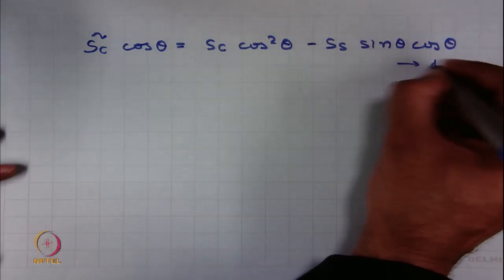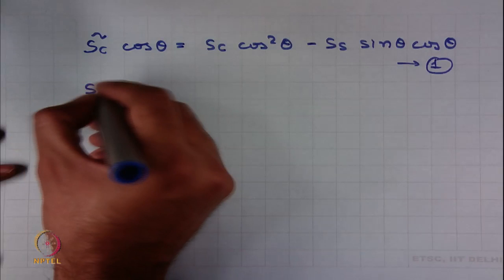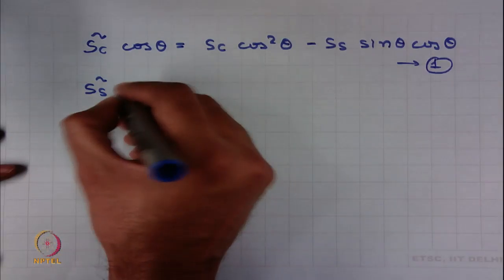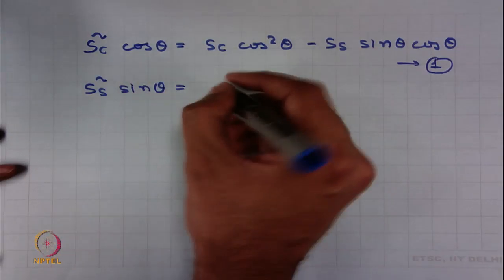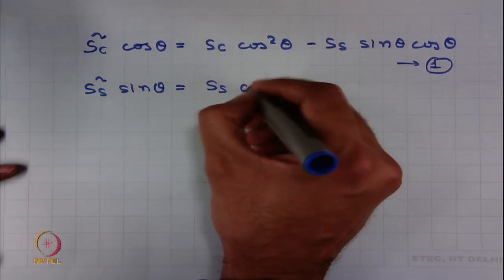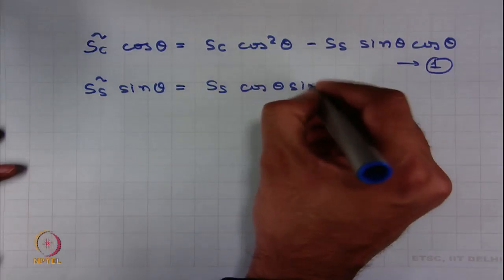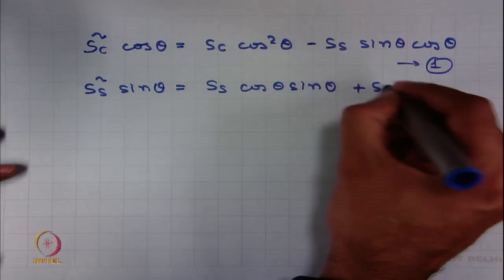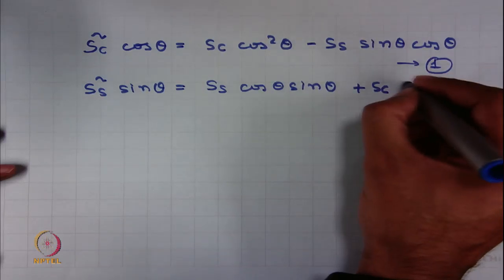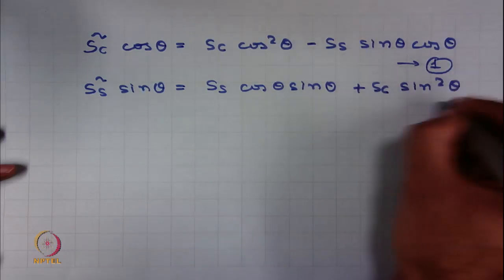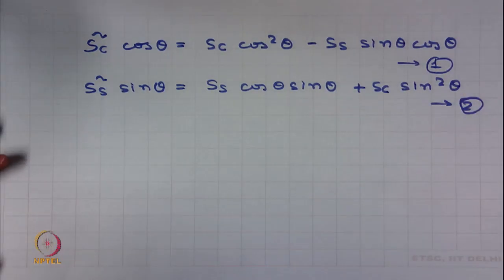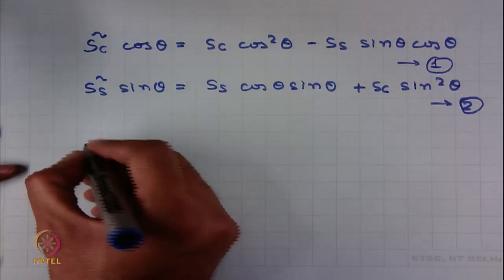Let us say that is equation number 1. I can multiply SS tilde with sin theta. I get SS cos theta sin theta plus SC sin square theta. Let us say equation number 2. I can add these two equations.